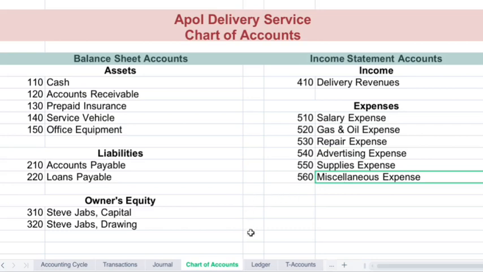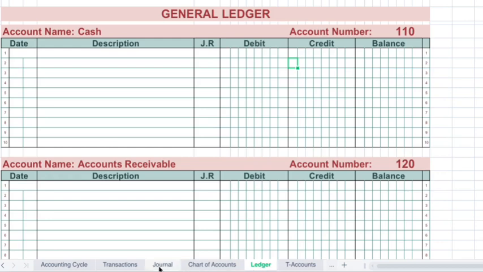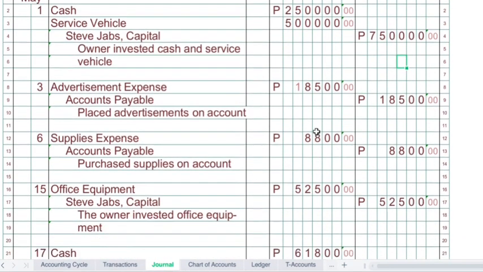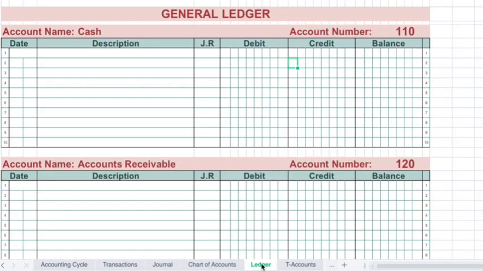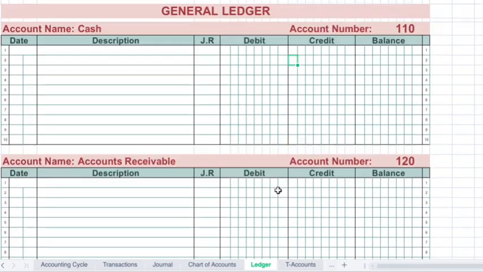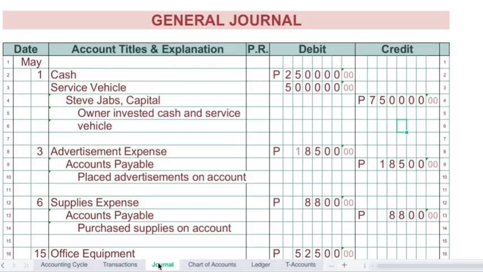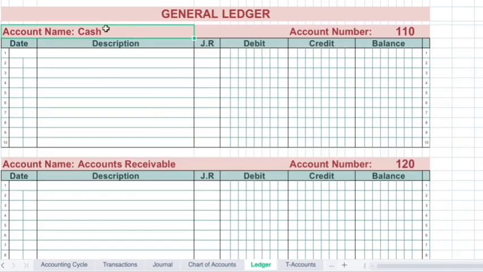Alright. So, let's move on to the ledger. So, ipopost na natin yung mga na-record natin sa general journal dun sa ating ledger account. Okay. So, let's have cash. Okay, cash. So, under cash account, let's have here May. And then, meron tayong transaction nung May 1 na involves si cash.